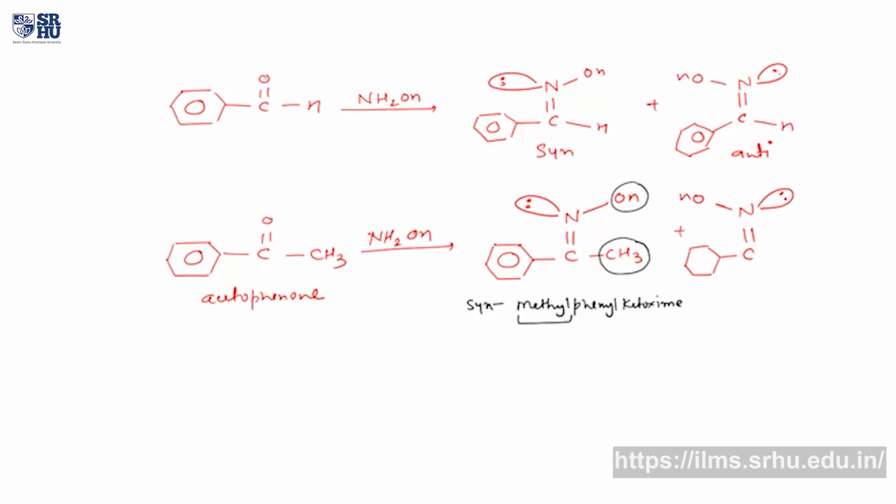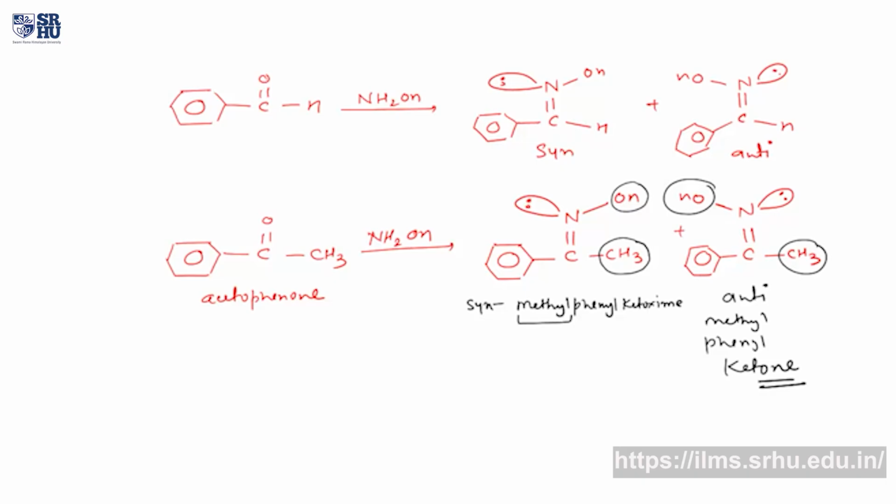C6H5 and CH3 are as they were, fixed, and OH was rotated. Now you see that this OH and CH3 are on the opposite side of the double bond, hence this will be termed anti. So anti-methyl phenyl ketoxime.